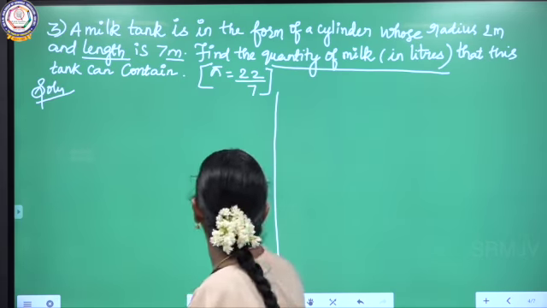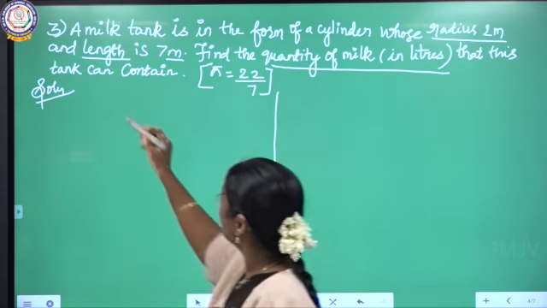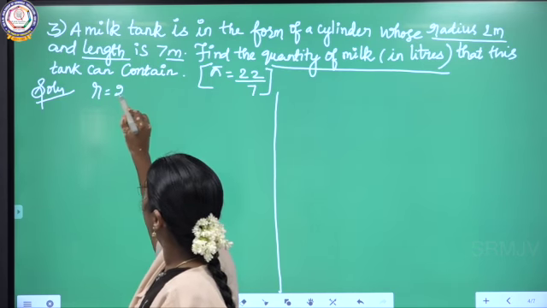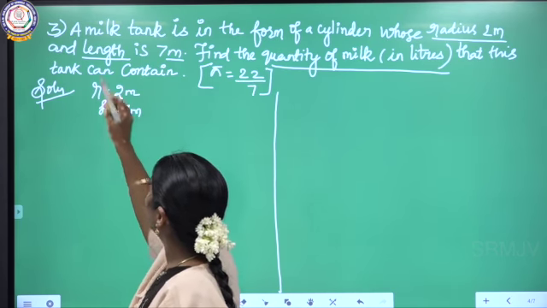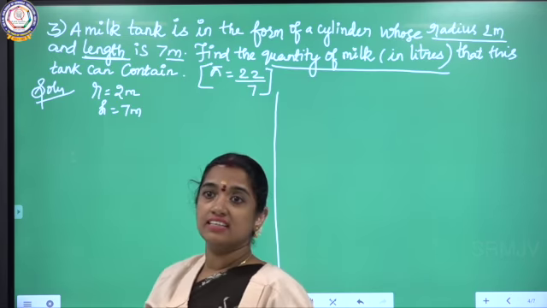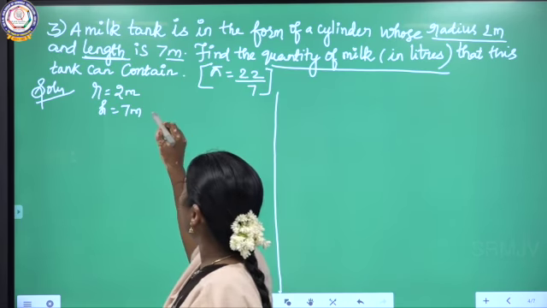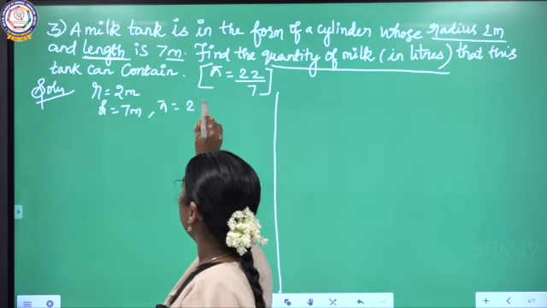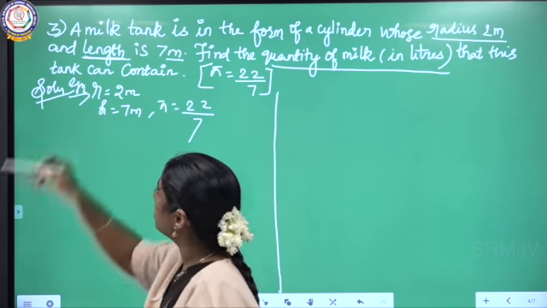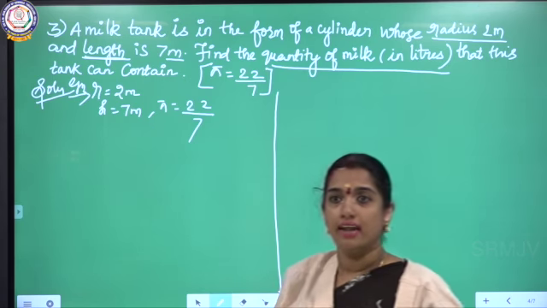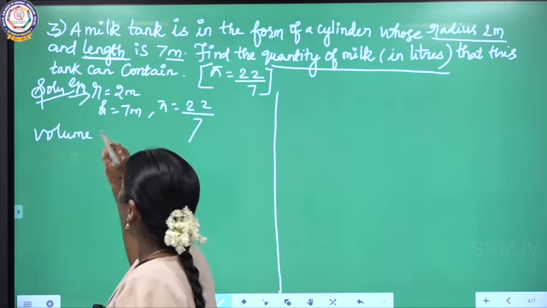Radius is 2 meter, and height is 7 meter. Height is length. And pi I am going to take to be 22 by 7. These are the things given in the question. Now I am going to substitute this in the formula.